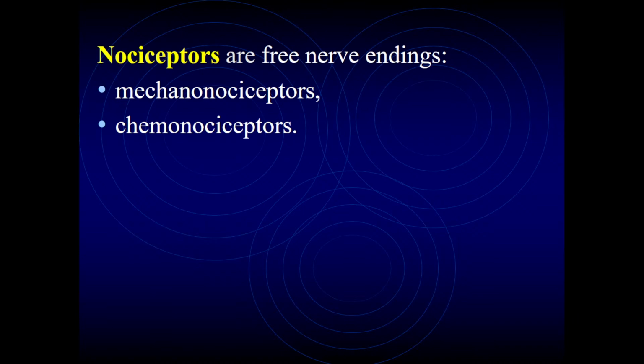The nociceptive or pain analyzer includes peripheral, conductive, and central parts. The pain analyzer gives little information about the outside world. Pain occurs when the body is exposed to damaging factors.